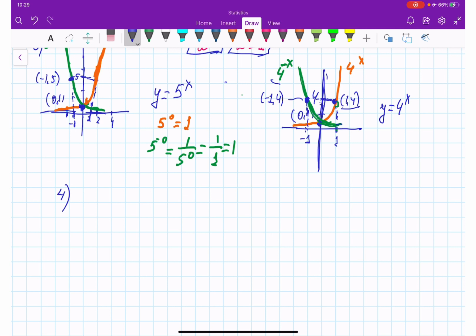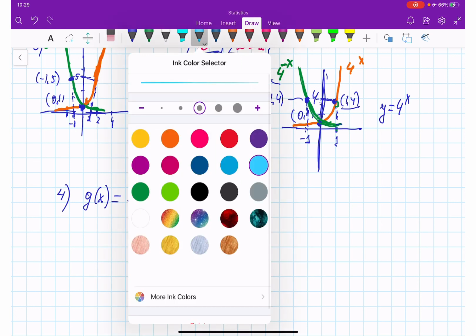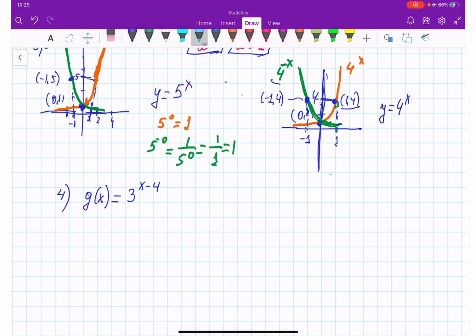And using transformation of this graph, we need to graph g of x equals 3 to the power x minus 4. To make a long story short, we need to graph g of x equals 3 to the power x minus 4. That's what we need to draw. So what do we have to do first? First thing we have to do is draw 3 to the power x, right?